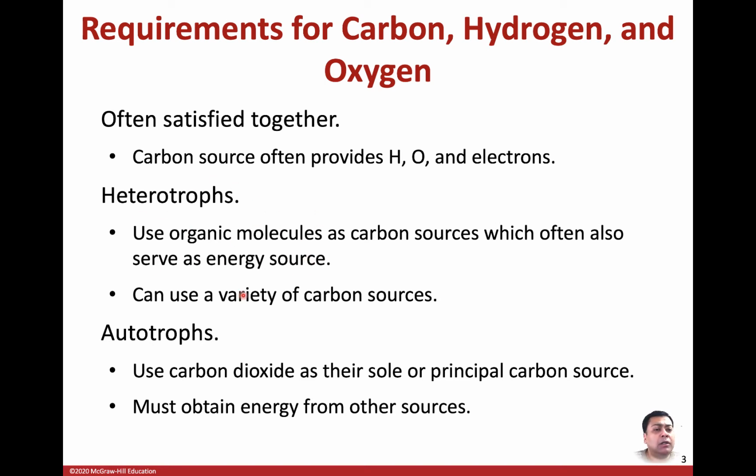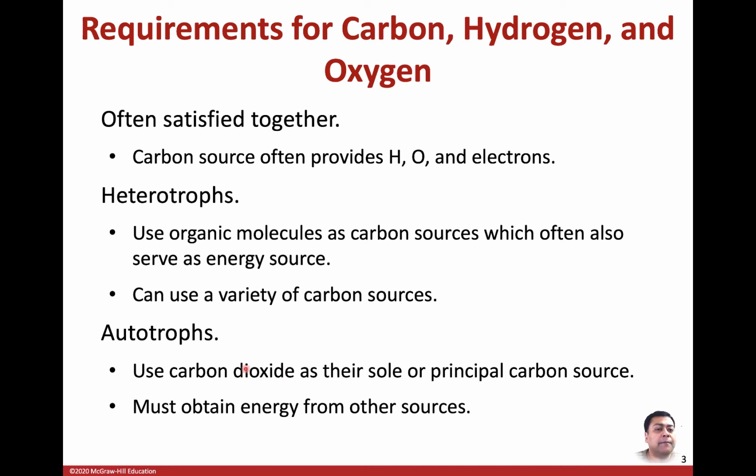On the other hand, if they are autotrophs, they use carbon dioxide. See that this is an unreduced carbon dioxide, meaning that there is no hydrogen in there. So this is their sole principal carbon source. To reduce the carbon dioxide, they need something different which provides the energy to reduce it to a molecule like a carbohydrate, and they need the power of light, or sometimes the power of a chemical reaction.